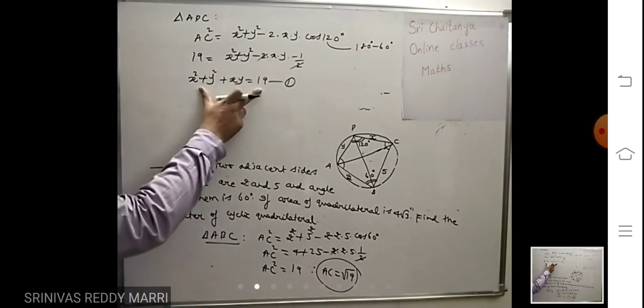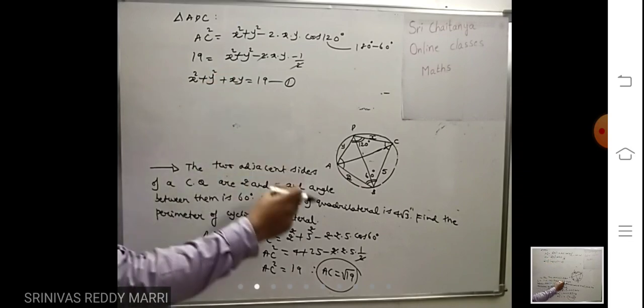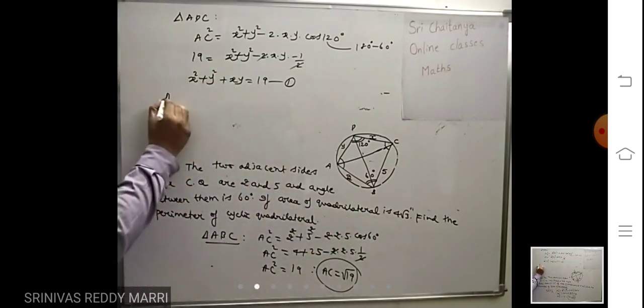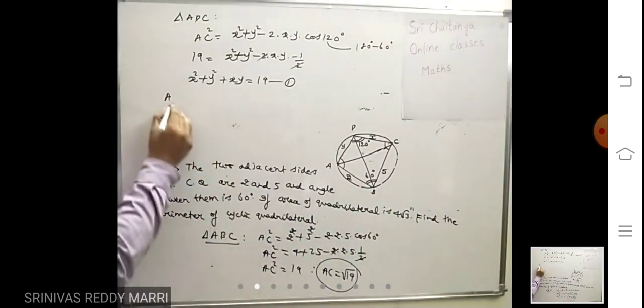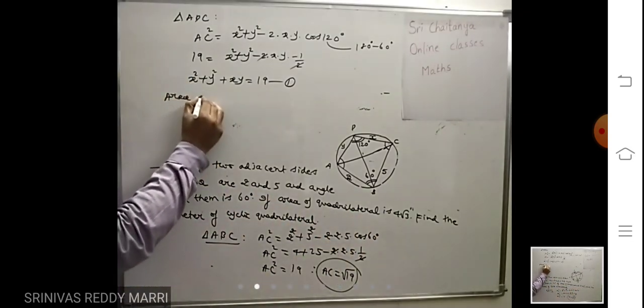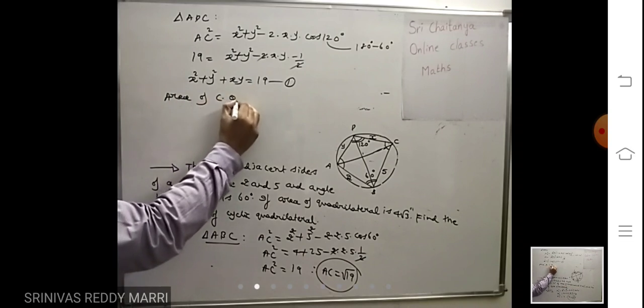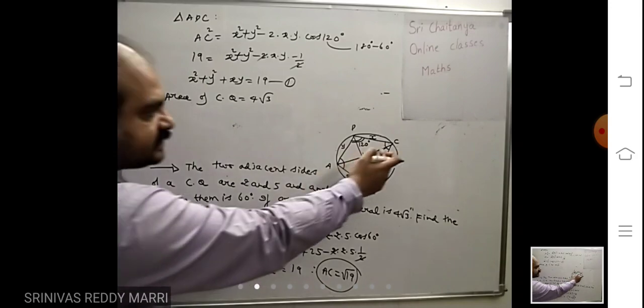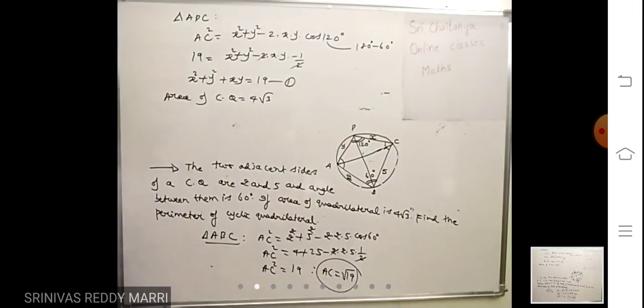Now you want another equation to solve for x and y. Now given that the area of the quadrilateral is 4 root 3. Another condition is given, area of the quadrilateral. This is the area of the cyclic quadrilateral given.